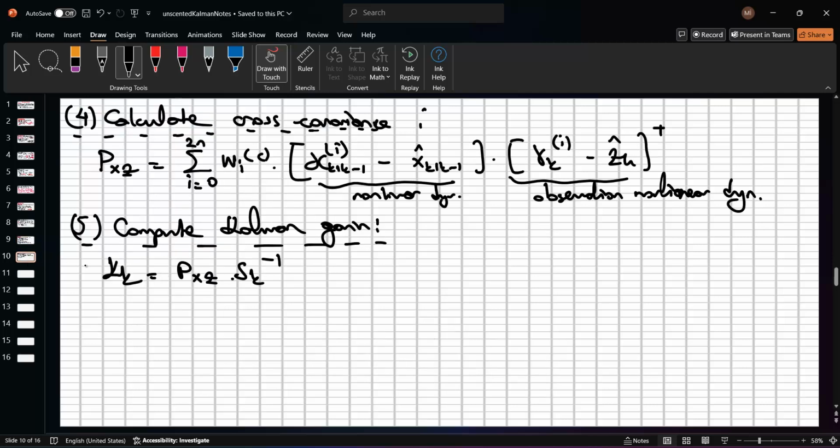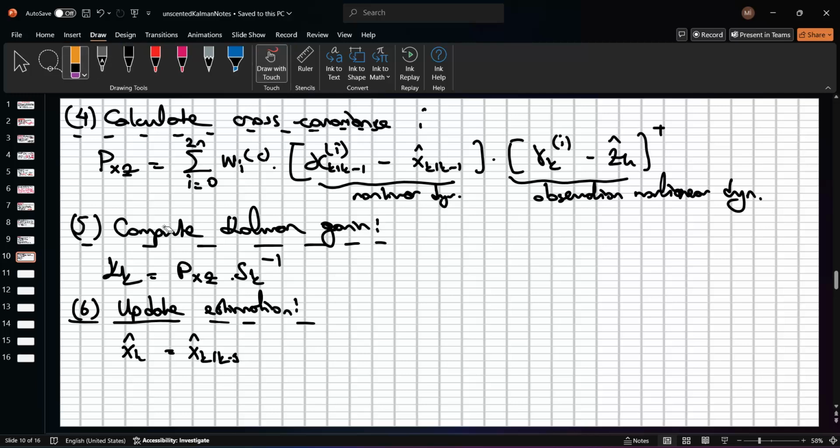Okay? And so after that we need to return to the normal Kalman filter, just like this one, the update estimation, where we can use the following. The xk hat is equal to the xk|k-1, the previous observations.